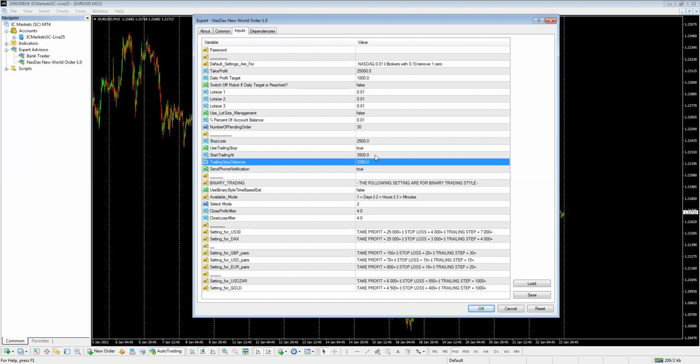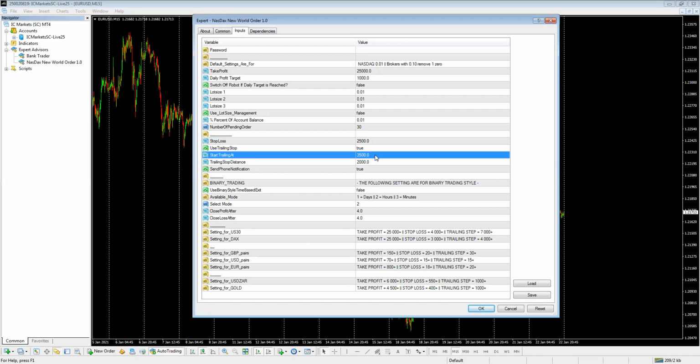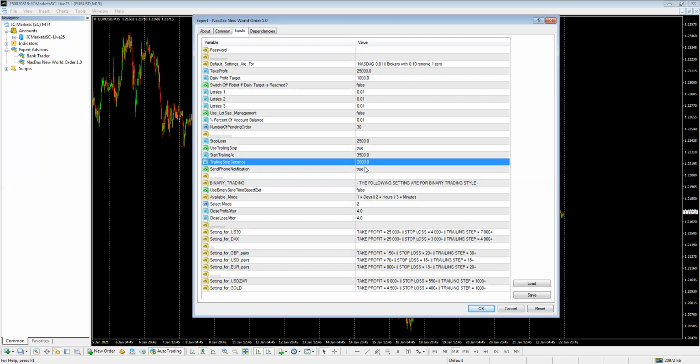So if it's less, what does it mean? It means the robot will wait for the trade to move in your favor by 3,500 pips. That means you're in profit of 3,500. Okay. Once you're in profit of 3,500, then the stop loss will move into profits, securing the profits as they move, but it will keep a distance from the current price to the stop loss of 2,000.